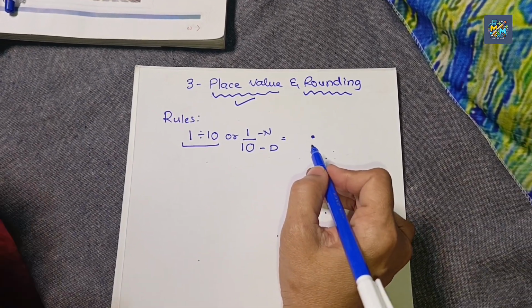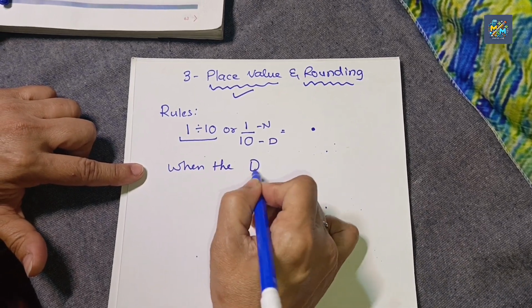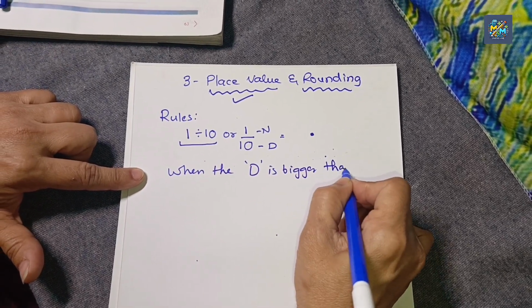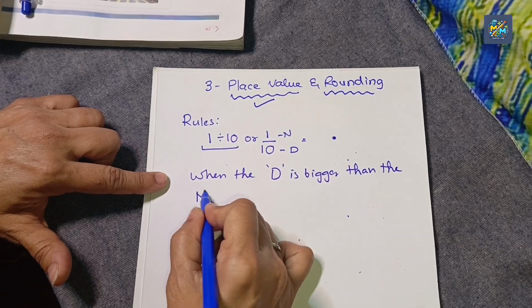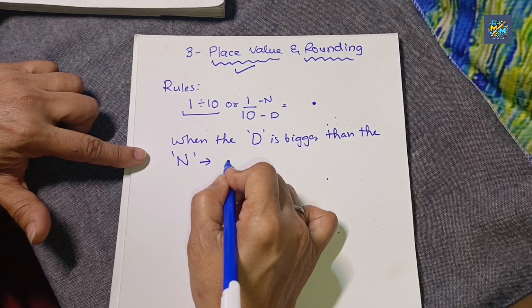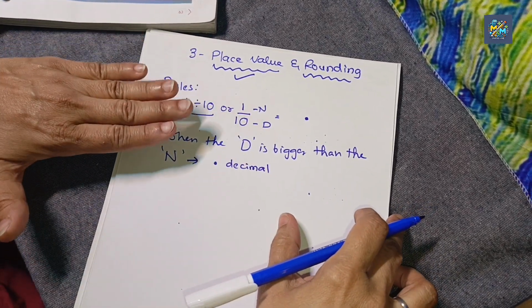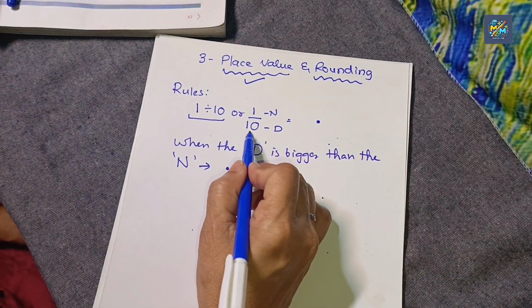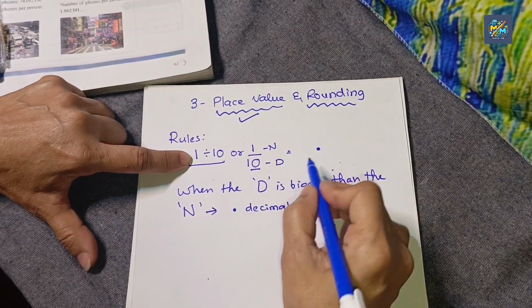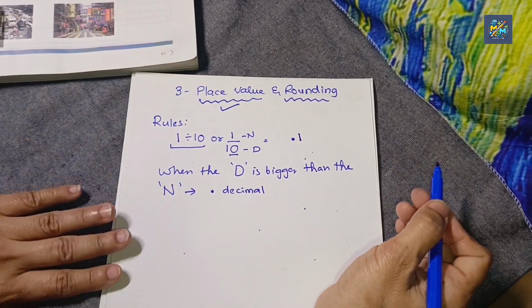Remember, when the D, which stands for denominator, is bigger than the numerator, N, there is a place for decimal. So how do I do this? If there is 1 zero, my number is 1. So 1 zero means a decimal, and after the decimal I have to write a 1.